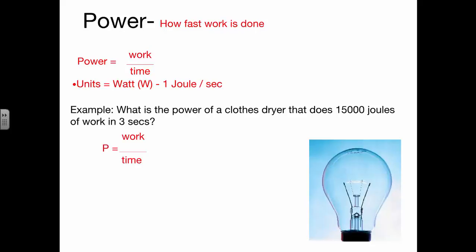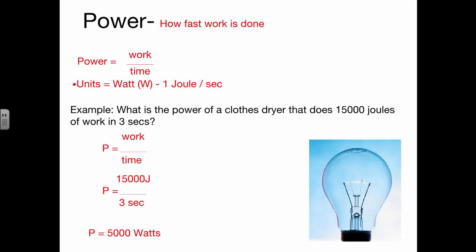So 15,000 joules of work being done in 3 seconds equals 5,000 watts. You could also call that 5 kilowatts, or 0.005 gigawatts.